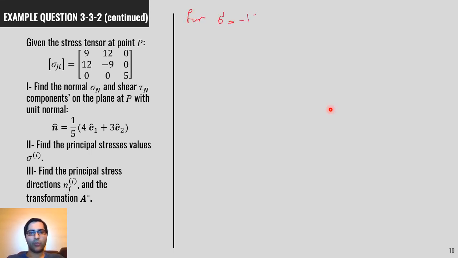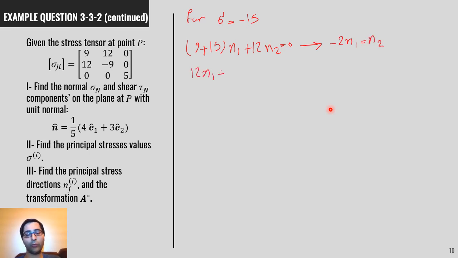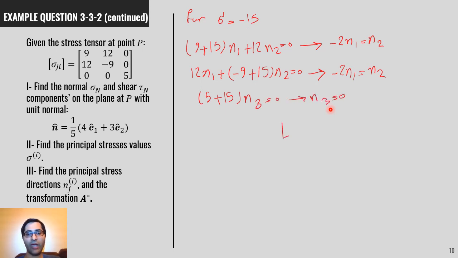For sigma equal to minus 15, for i1 we have 9 plus 15 n1 plus 12 n2, which gives us n2 equal to minus 2 n1. For i2 we have 12 n1 plus minus 9 plus 15 n2 equal to 0, which gives us the same result. For i3 we have 5 plus 15 n3 equal to 0, so n3 should be 0.